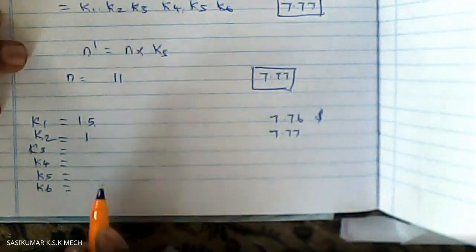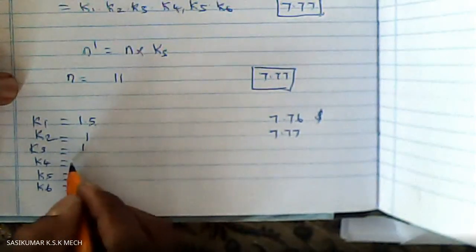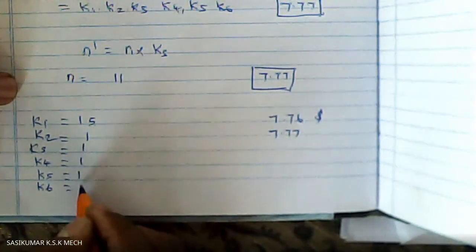So K2 is 1, K3 is also 1, K4 1, K5 1, K6 also 1.